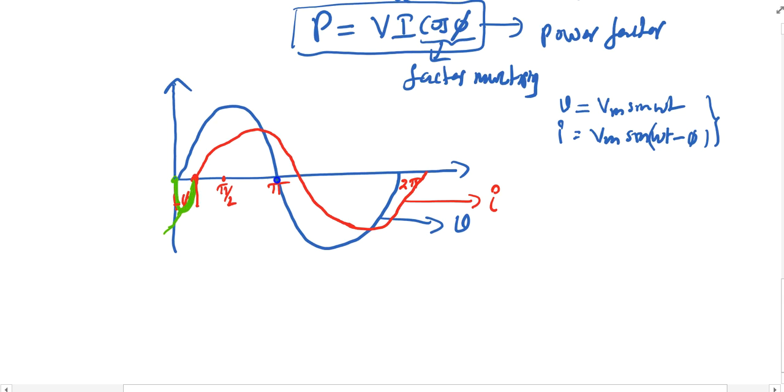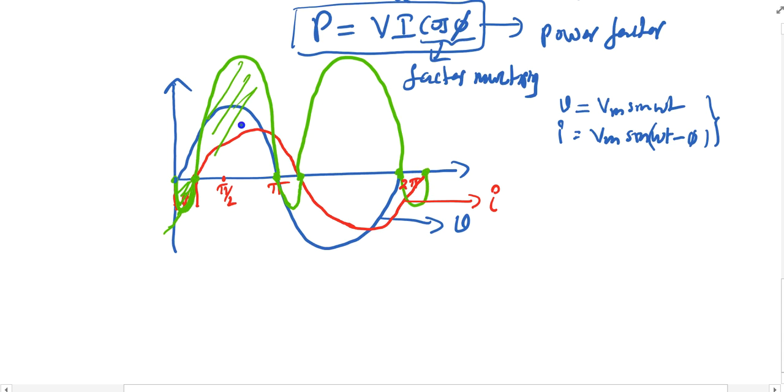From this point to this point, my current and voltage are both positive, so the product of both positive quantities is positive power. Again for these two, both are in the negative direction, so the product of both negatives gives a positive point again. So this is the power waveform you are going to get. This is the instantaneous power, V into I.